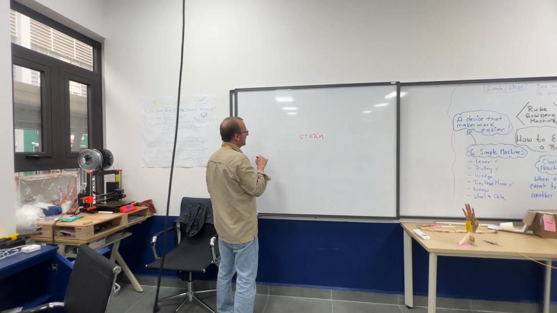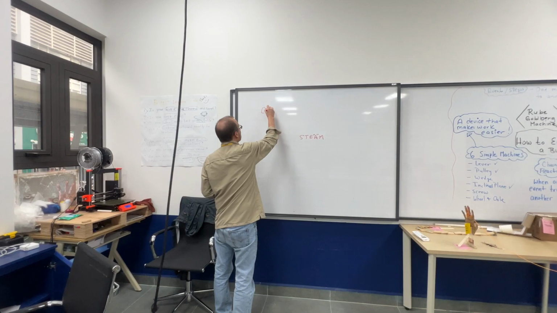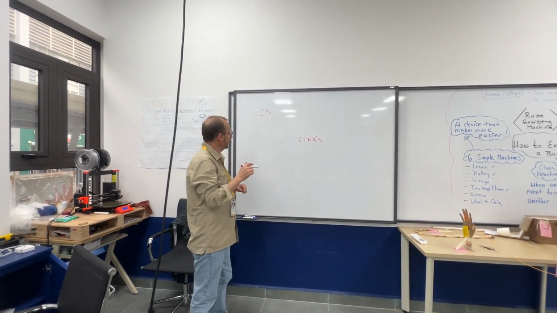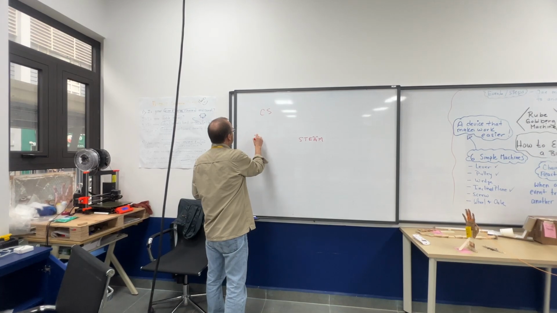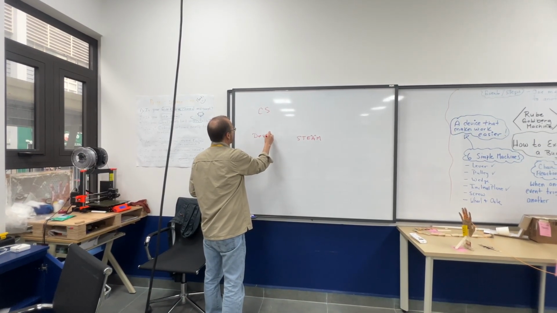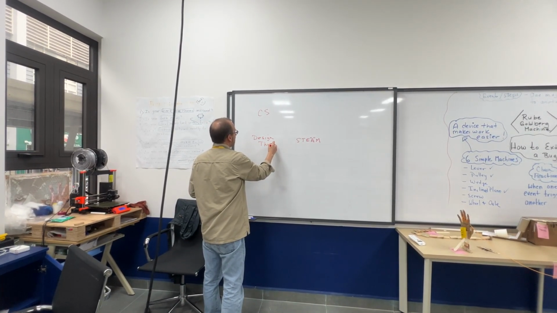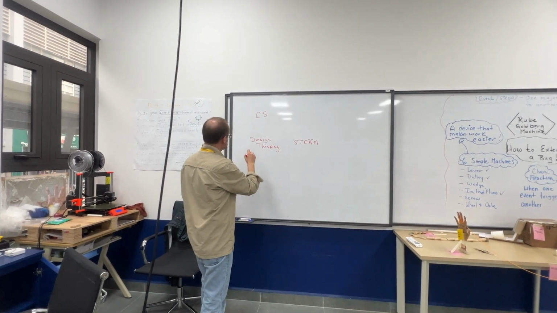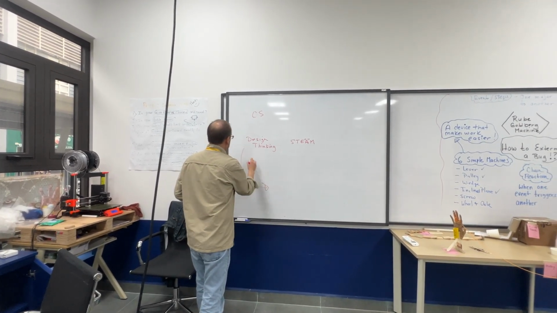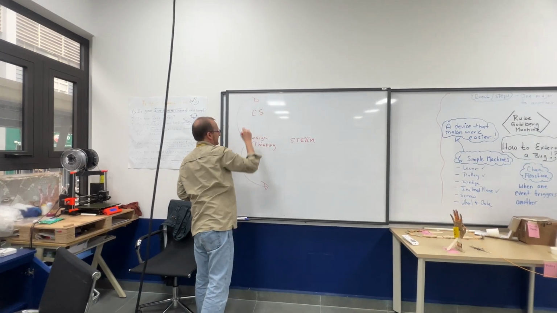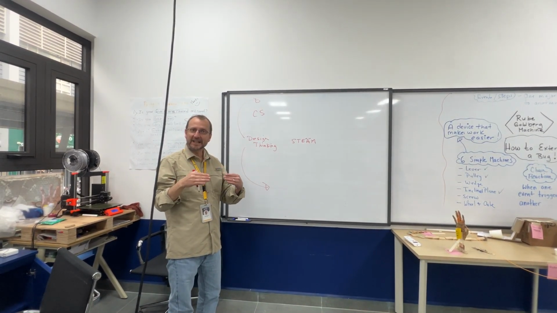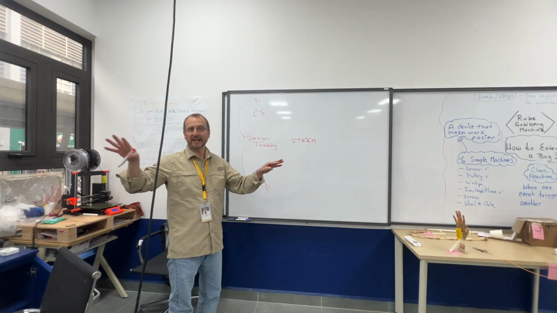So when we do STEAM, we have computer science. That's one of our strands of STEAM. And then we also have design thinking. And design thinking is really everywhere, so we like to try to incorporate design thinking in all of our classes.